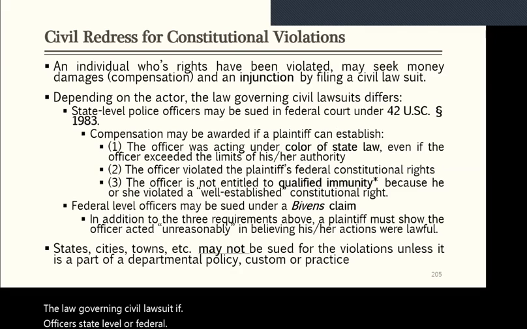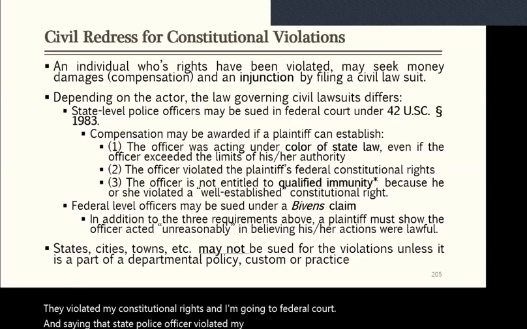So let's say you are claiming in your civil proceeding that state level police violated my constitutional rights, and I'm going to federal court and saying that state police officer violated my constitutional rights, right?